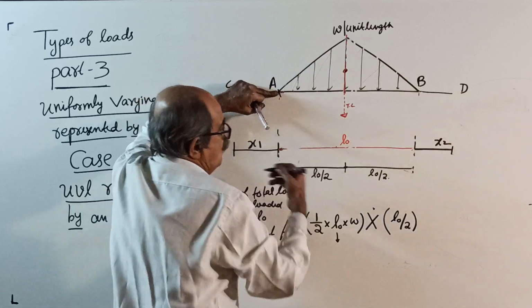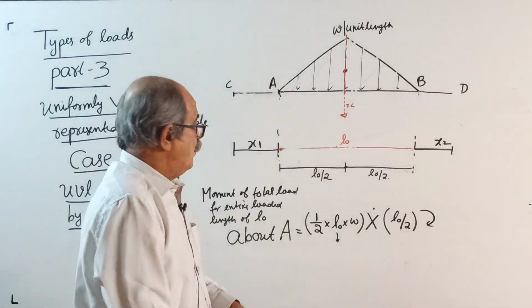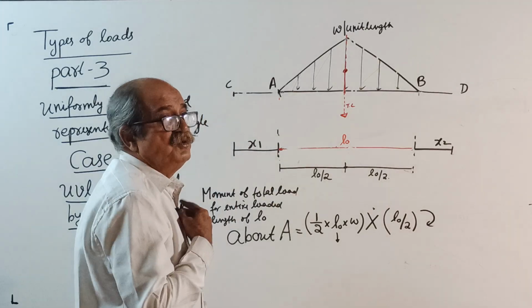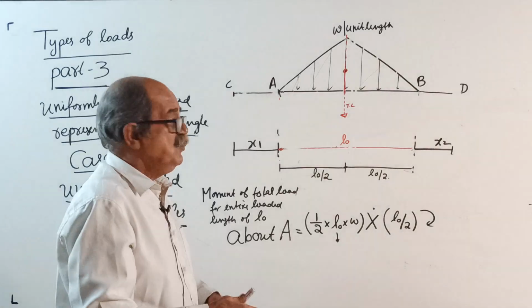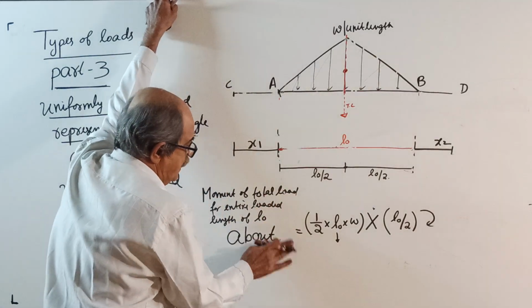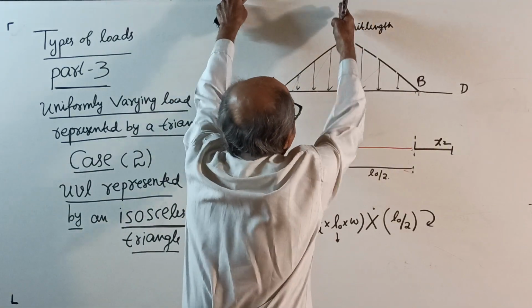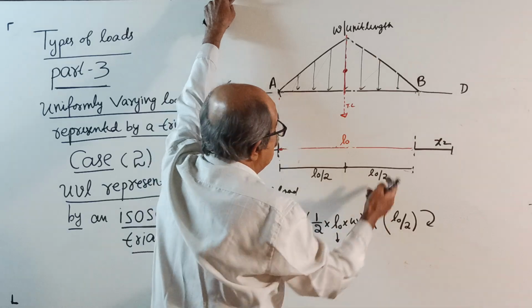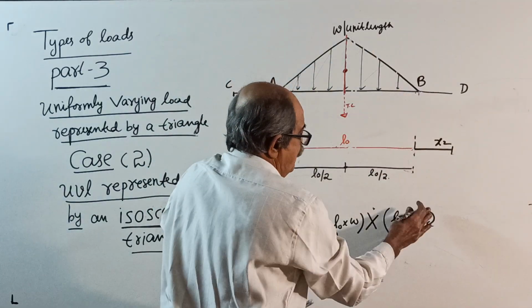The moment is clockwise. Now, below this, write every time, moment of the entire loaded length about B equal to, once again, total load remains the same, into L naught by 2. About B, it will be anti-clockwise.